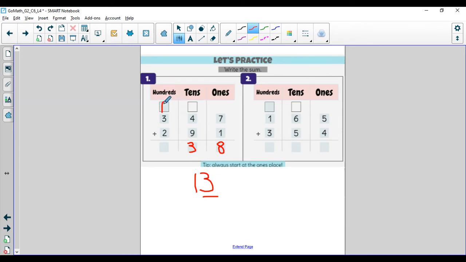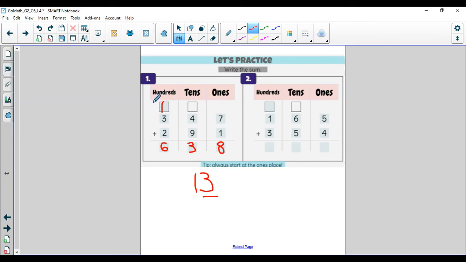So we moved our 100 to the hundreds place, and now we can add our hundreds. 1 plus 3 equals 4. 4 plus 2 equals 6. So our sum is 638. We had to regroup one time. We regrouped our tens into our hundreds in this problem.